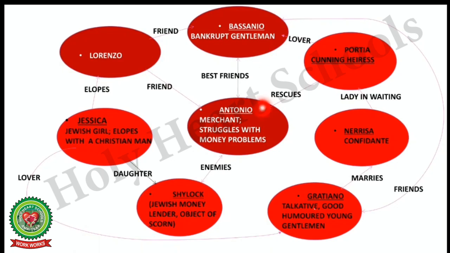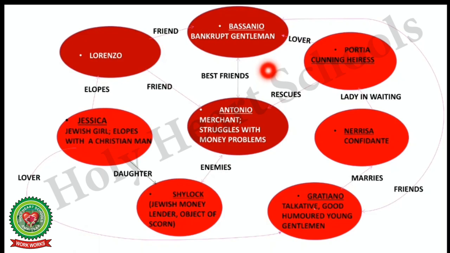Bassanio, who is a good friend to Antonio, tells him not to sign such a deadly bond. But Antonio agrees to do so as he is sure that he will repay the money within 3 months. But later in the play, students, we come to know that he becomes bankrupt and the bond was forfeited. That is, he has to pay a penalty, which is a pound of flesh to Shylock according to the bond.